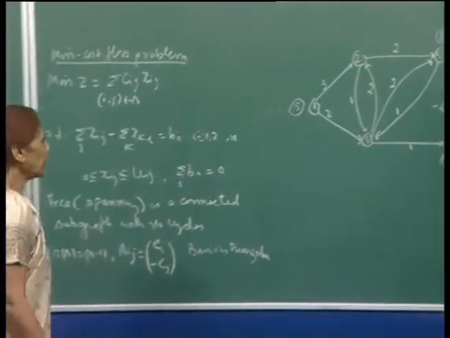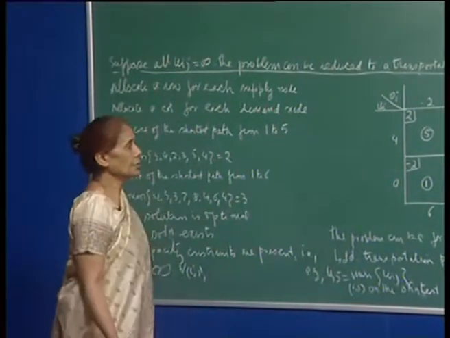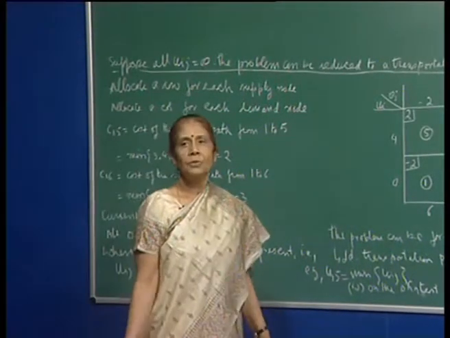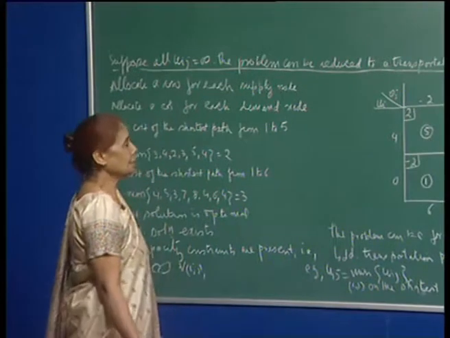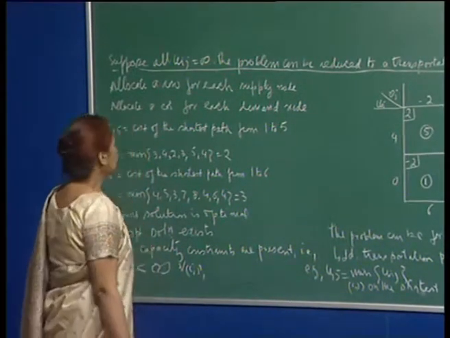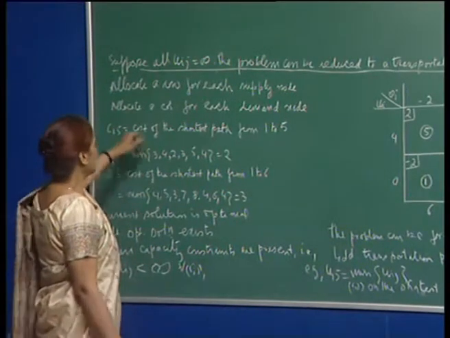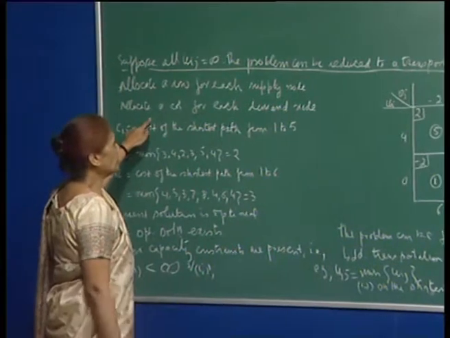I am now considering the case when all uij's are infinity, and I want to show you that this problem can be reduced to a transportation problem. I say reduced because the size of the transportation problem would be smaller. What do we do here? We allocate a row for each supply node and a column for each demand node.